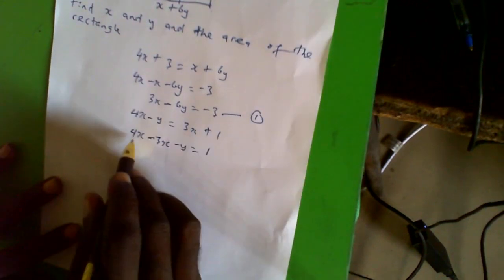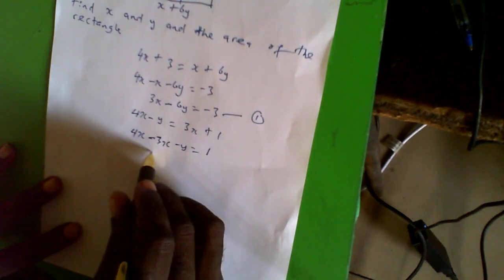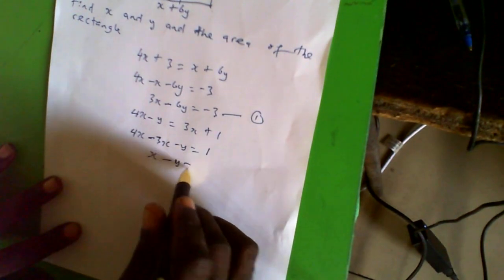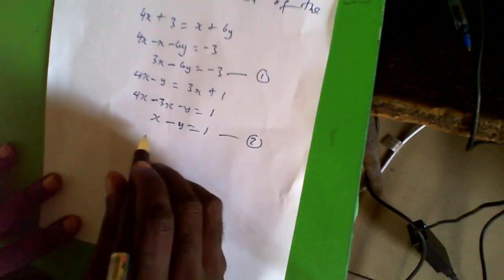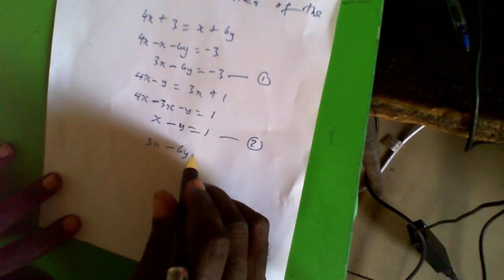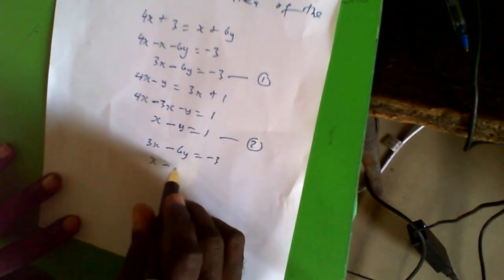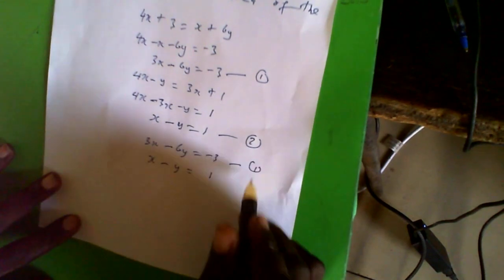So 4x minus 3x is x, minus y equals 1. So this becomes equation 2. Now let's put them together: 3x minus 6y equals 3, and x minus y equals 1. This one is equation 1, this is equation 2.